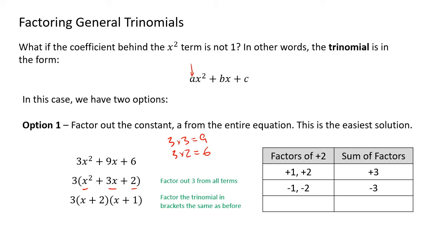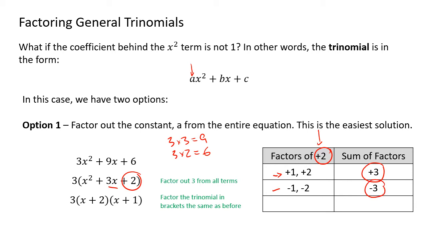So once we have that, now you can just consider everything in the brackets and factor just like we did in the first examples. So the factors have to multiply to positive 2, and they have to add to 3. So the two options I have here are positive 1 and positive 2, which gives us the positive 3 that we need, or negative 1 and negative 2, which would give us positive 2, but the sum is negative 3.